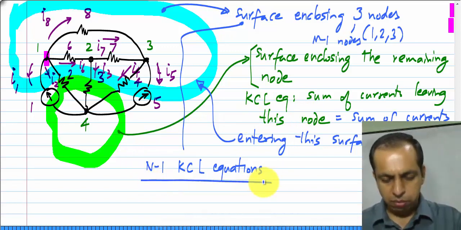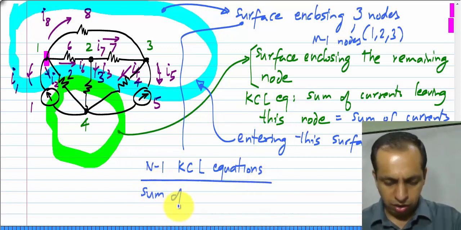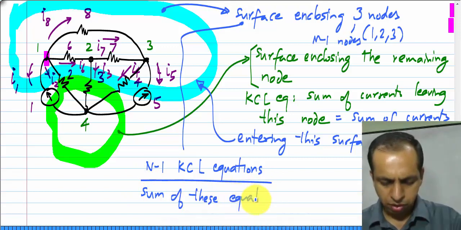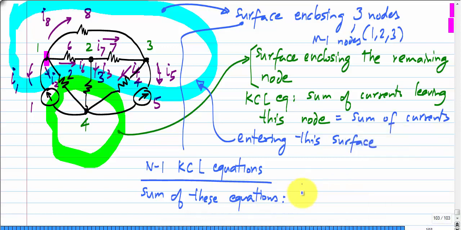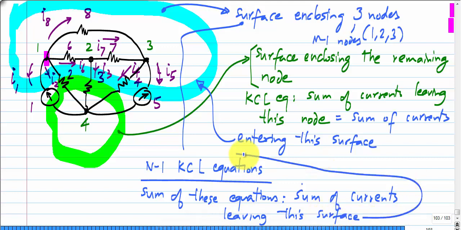Then the sum of these equations is basically the sum of currents leaving this surface. By this I mean the blue one.